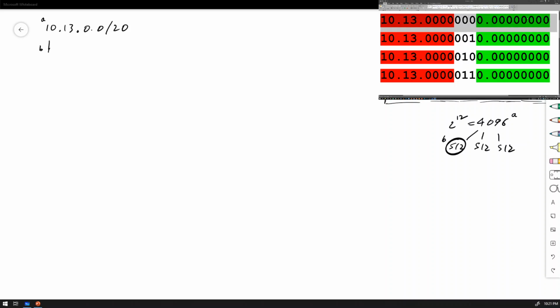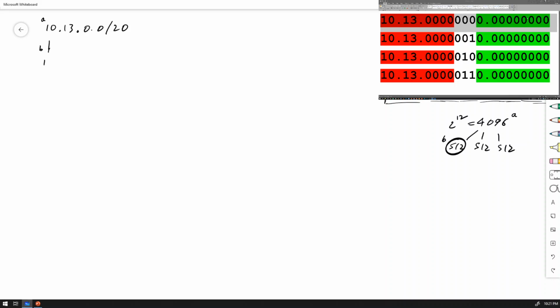So 10.13.0.0. Now for 512, we need only 9 bits for the host, so all the others are network bits. So that's /23, and I'll give it to A, right?